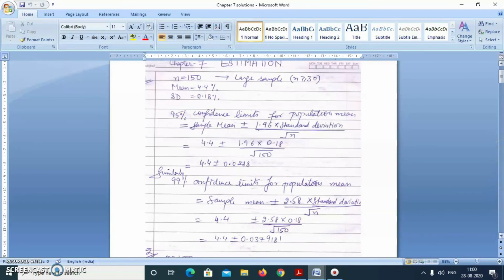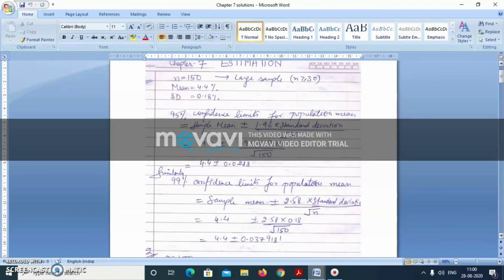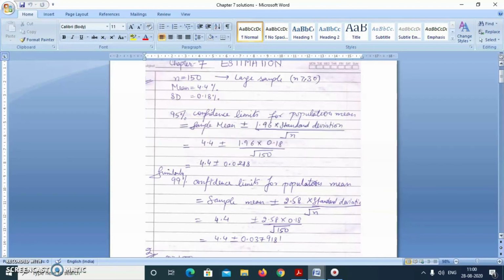In the first example, a sample of 150 specimens was tested for carbon content. The mean of the test sample was 4.4% and their standard deviation was 0.18%, and we have to calculate 95% and 99% confidence limits for the mean carbon content of the population.